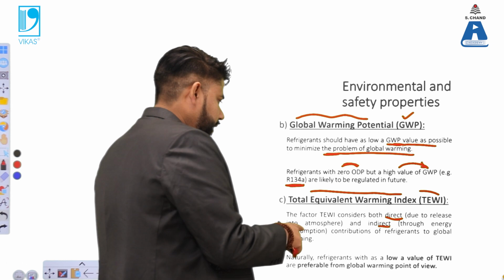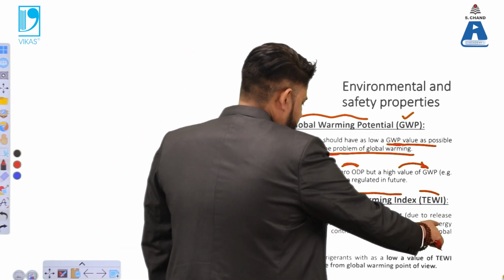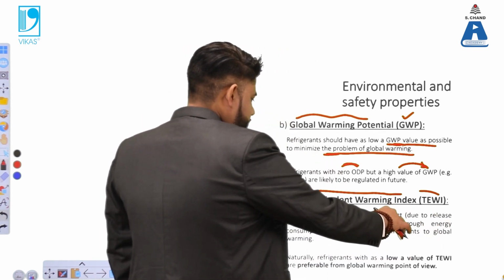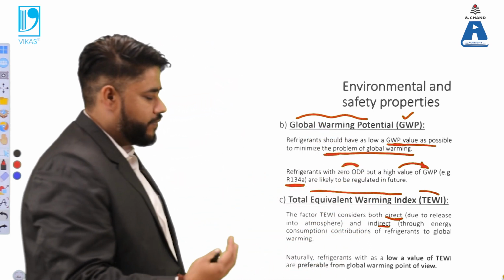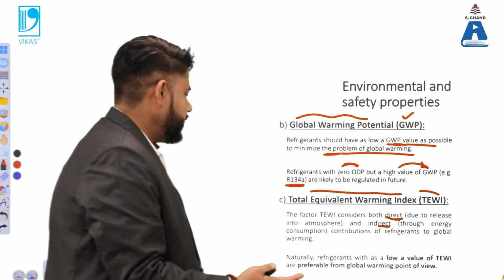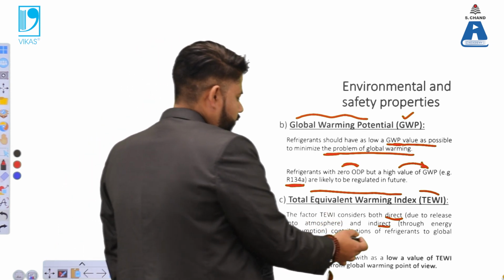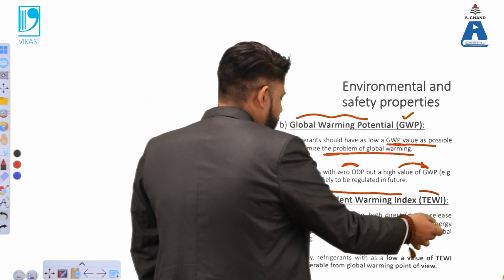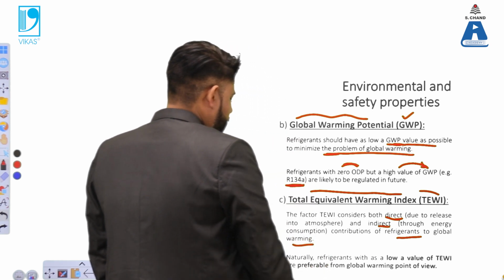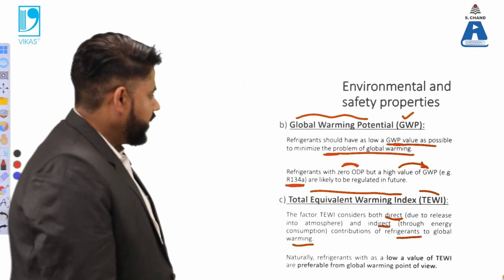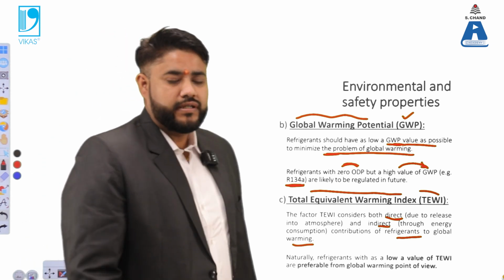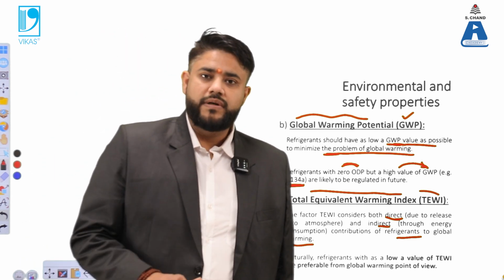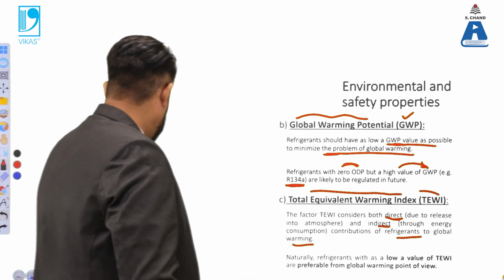The indirect case is the emissions from energy consumption that contribute to global warming because of the refrigerants. So this is one of the aspects of selecting a refrigerant in terms of environmental safety protocols.